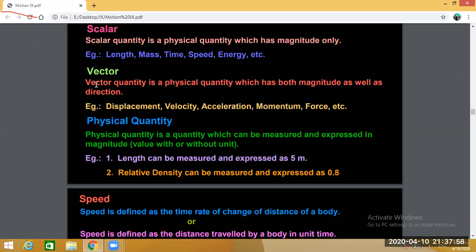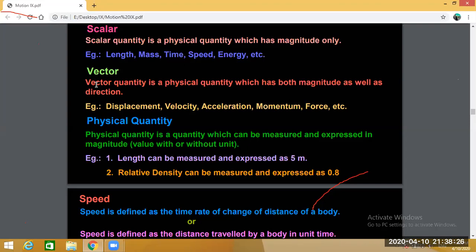Now, next, vector quantity. A vector quantity is a physical quantity which has both magnitude as well as direction. All those physical quantities which have magnitude as well as direction associated with them are called vector quantities.